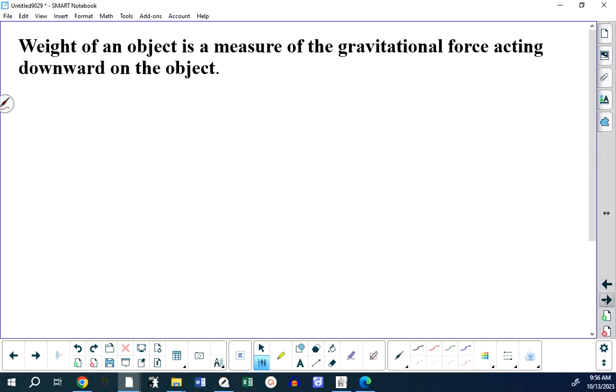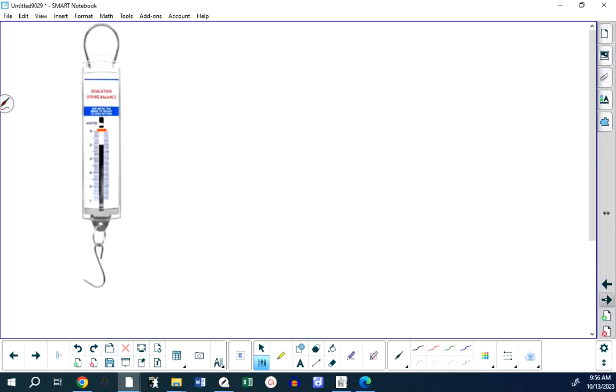So I put the kittens in a basket, and I hang the basket from the spring scale, and it says 13 newtons. Leaving aside for a moment the fact that this doesn't go up to 13, it doesn't matter. If I go to the moon, what will it read? Will it still read 13 newtons? Well, no, because the reason this is stretching to the 13 newton mark is gravity is pulling the basket of kittens down.